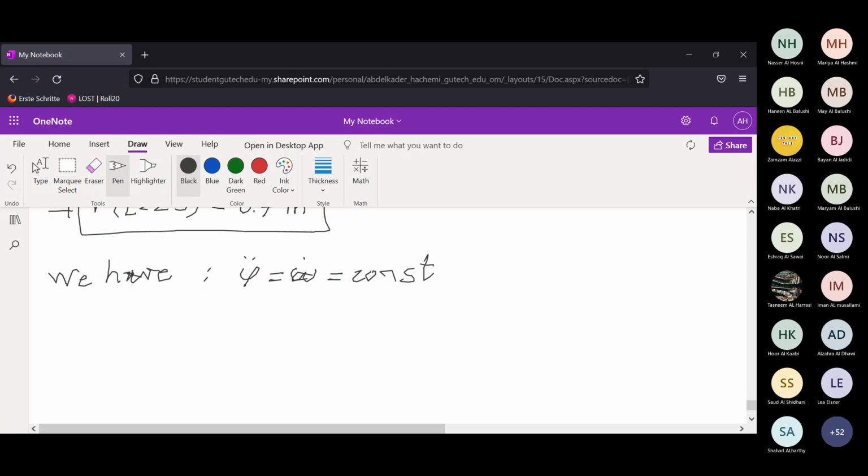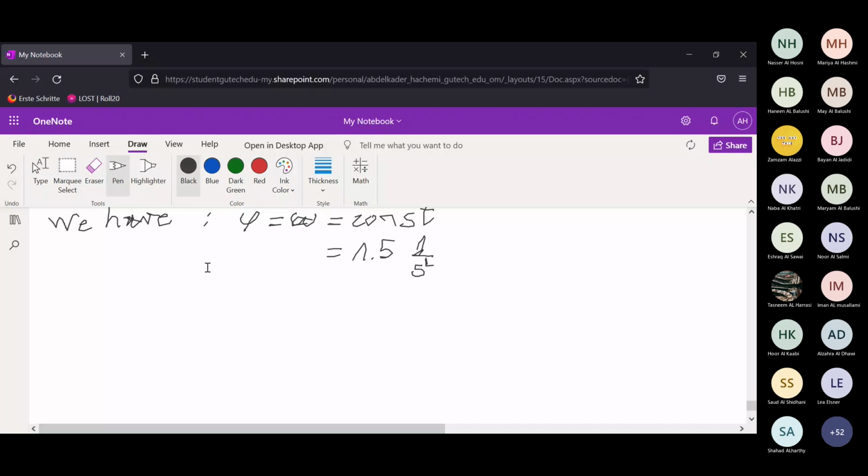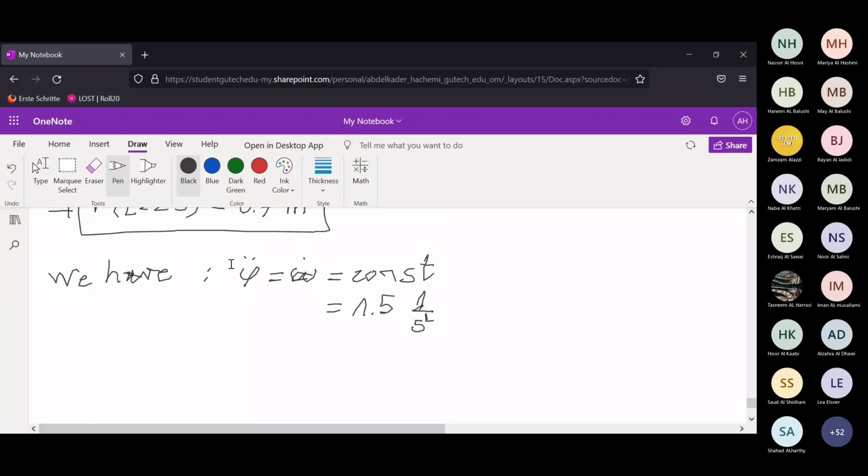In this case, it's given by 1/5 radian per second square. We use the same principle as for the radial direction. That means if we want to get phi dot, we have to integrate this expression, phi double dot, with respect to time. We get the constant of the integration.